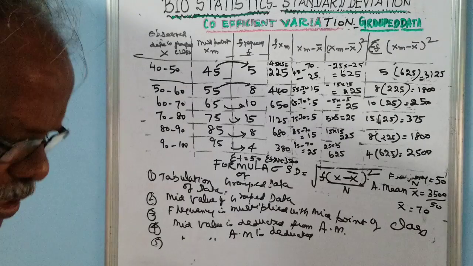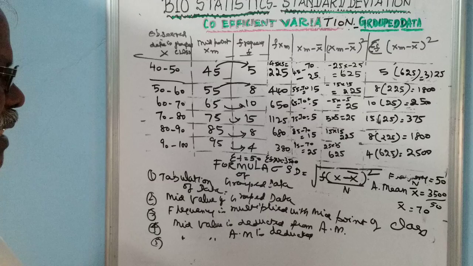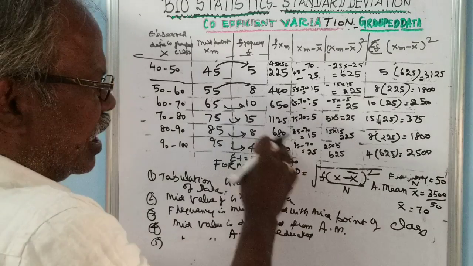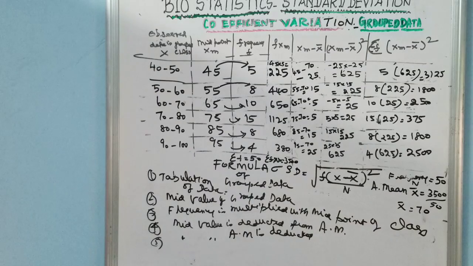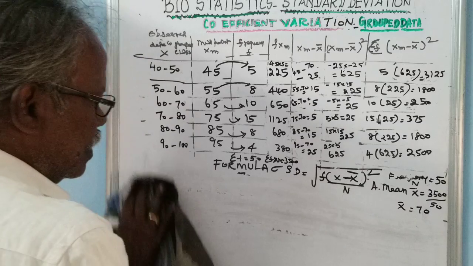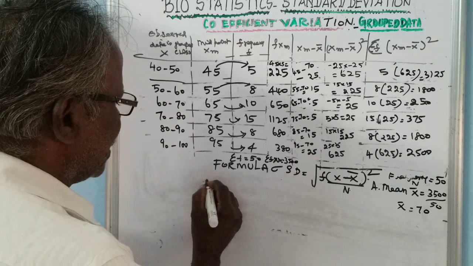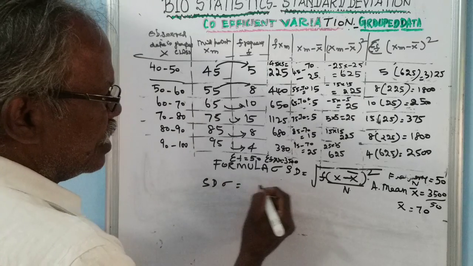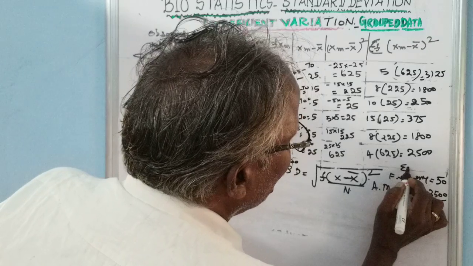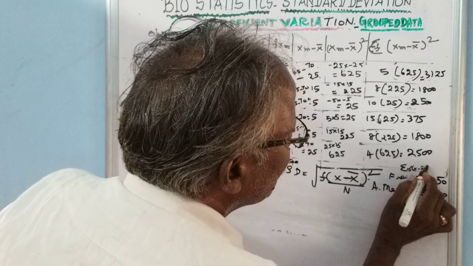Now coming to the calculation aspect, we are going to see how the standard deviation is calculated. The formula is there, so we have to substitute all these things. The standard deviation formula: we have to find the sum of f into x sum minus x dash square.